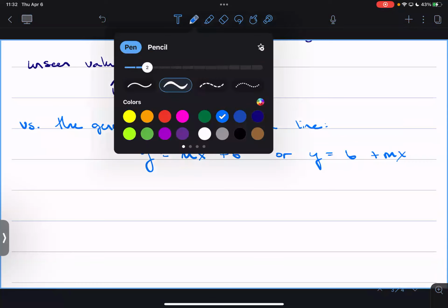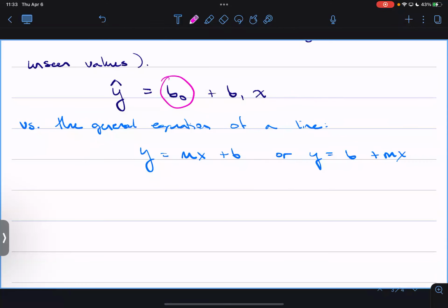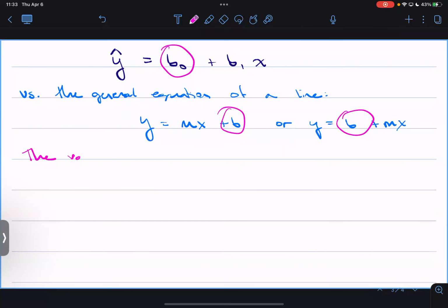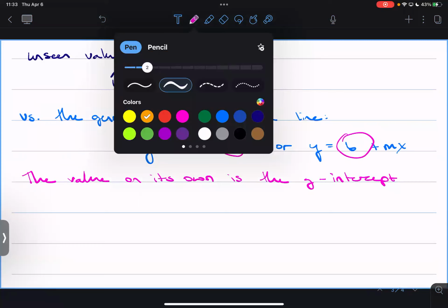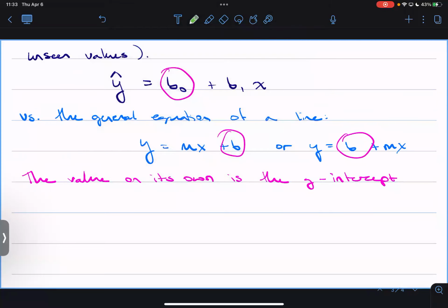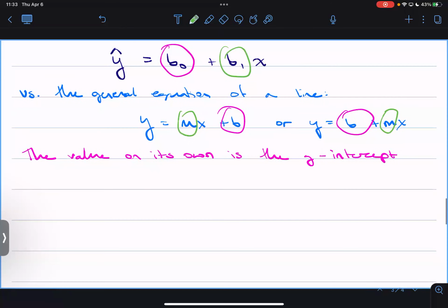And remember, you have clues on your formula sheet. The value on its own is the y-intercept. And the value attached to the x, maybe I'll use green, the value attached to the x is the slope.